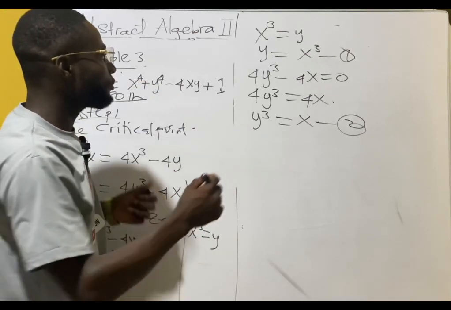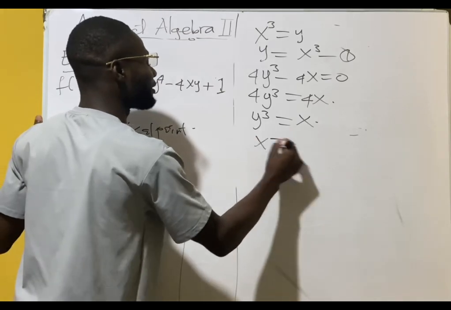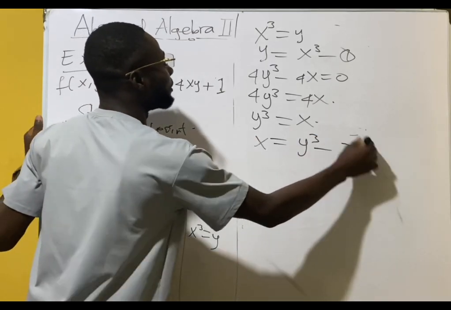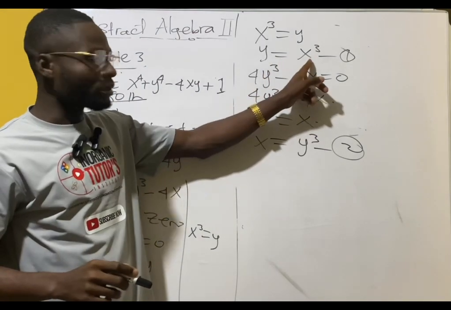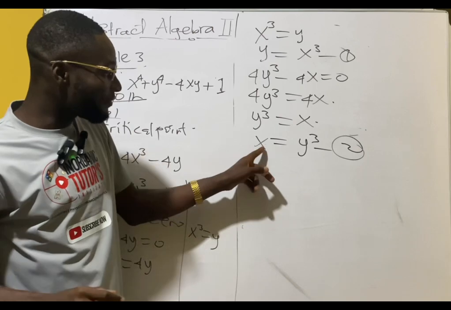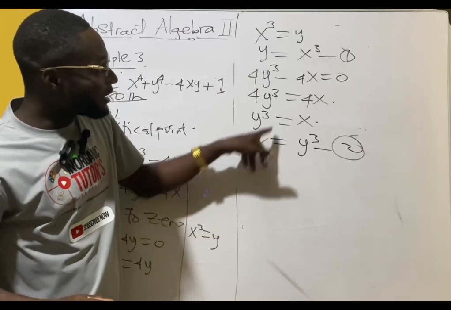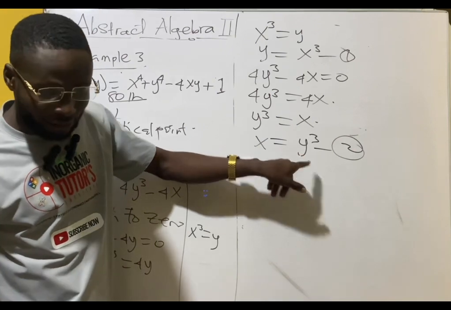So let's try to rewrite this well. We can have x equals y cubed. So we name that equation 3. So equation 1 is y equals x cubed. And equation 2 is x equals y cubed. So wherever we see x in equation 1, we put y cubed.